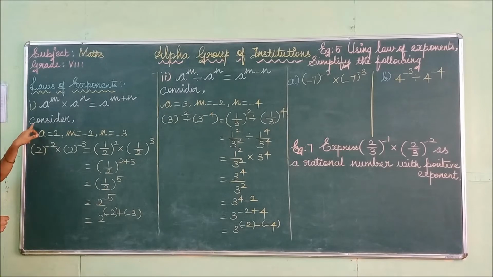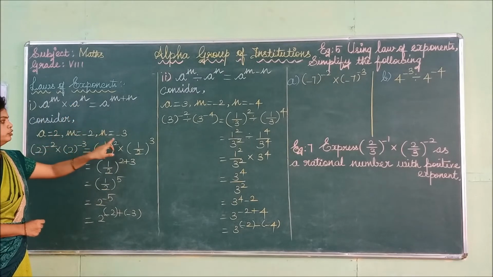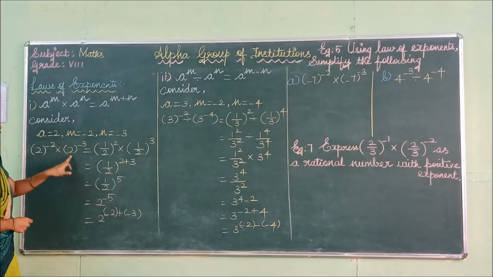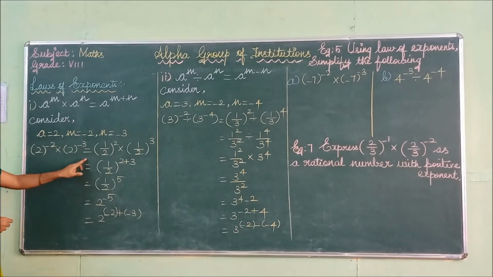Consider a equal to 2 and powers m equal to minus 2 and n equal to minus 3. So use these values and find whether it is equal or not. A power m is 2 power minus 2 and a power n is 2 power minus 3, which is equal to.